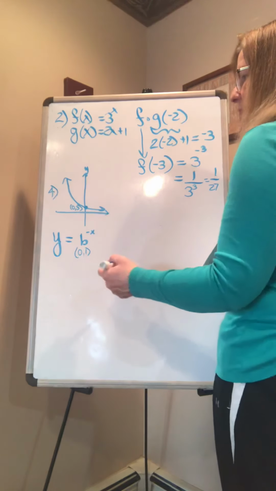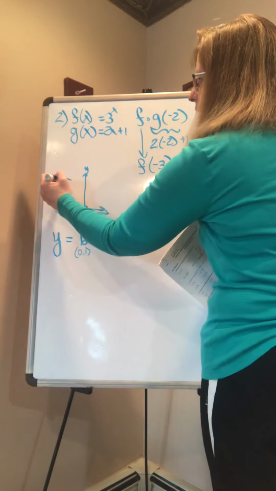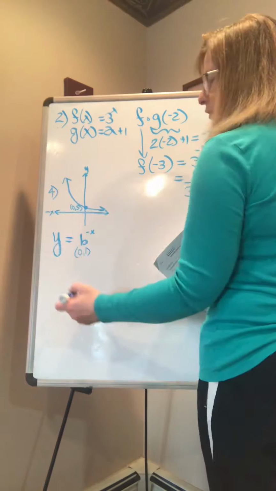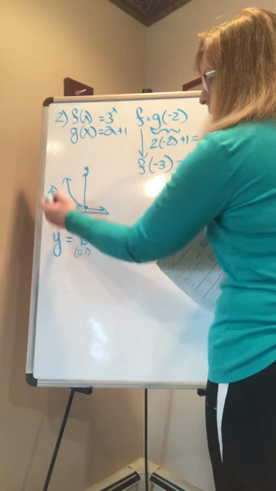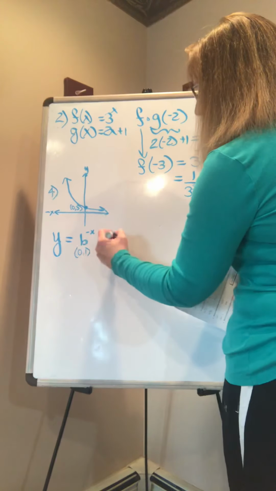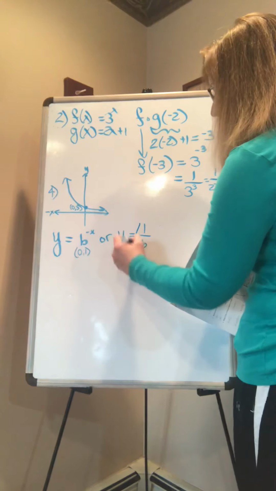And we also said in class that to be growing in quadrant 2, which is a negative x quadrant, we need a negative x, or this would be y equals 1 over b to the x, taking care of that negative exponent.